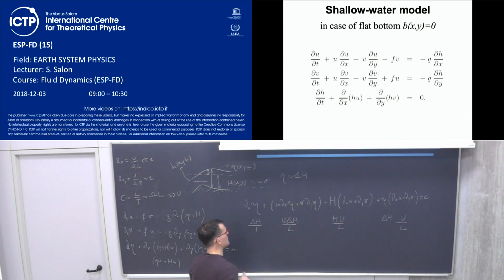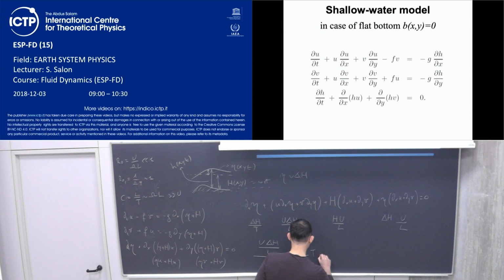We can take the ratio again of this term here with respect to the first one. So what we obtain, so we have delta H goes to 0, and so we will have UL over T. But since L over T is C, so we have U over C, which is much smaller than 1.